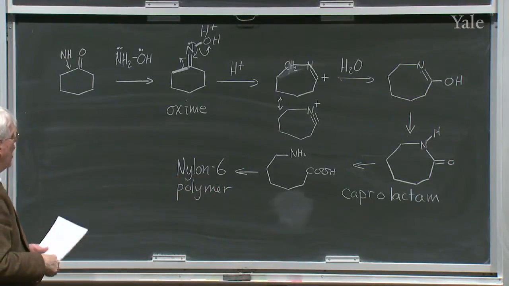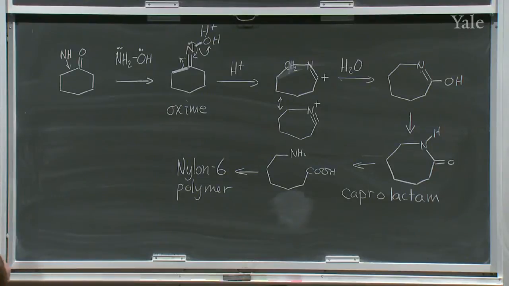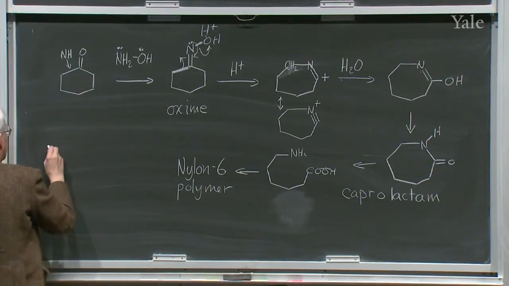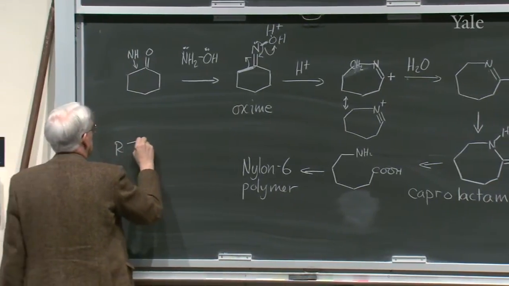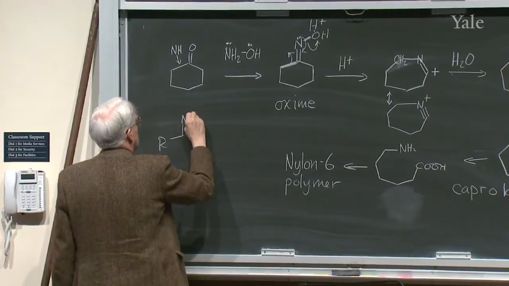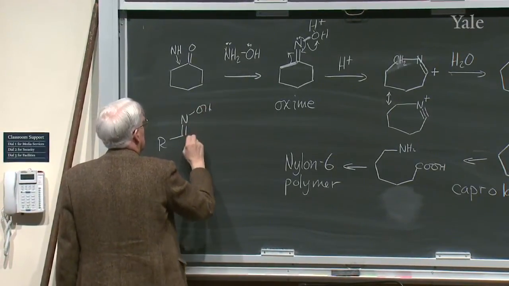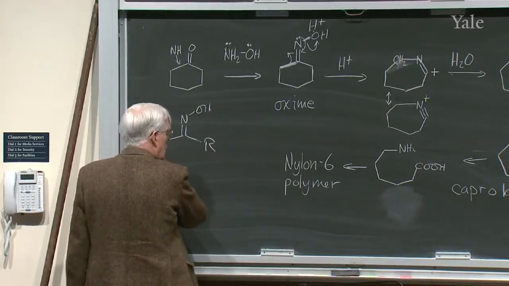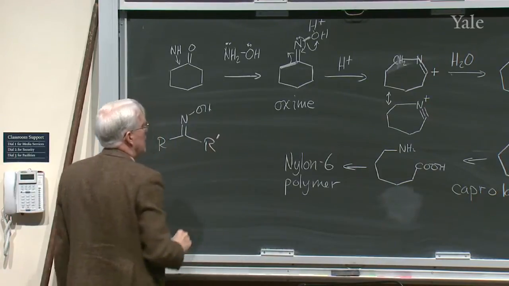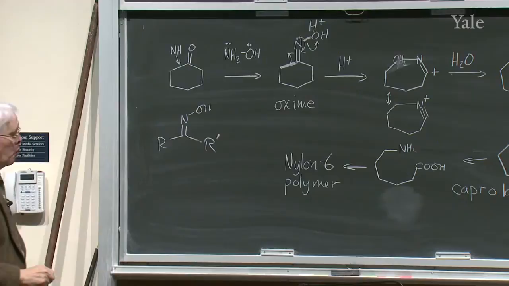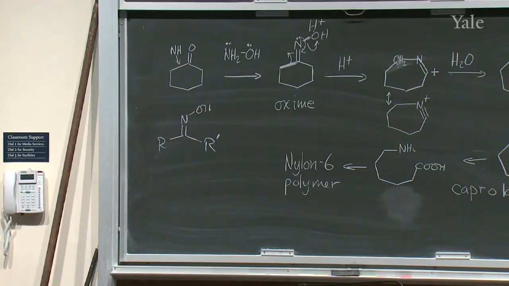Okay. Now, again, we could wonder, in a case where we have different R's here, which R migrates? That is, which one gets next to the nitrogen?